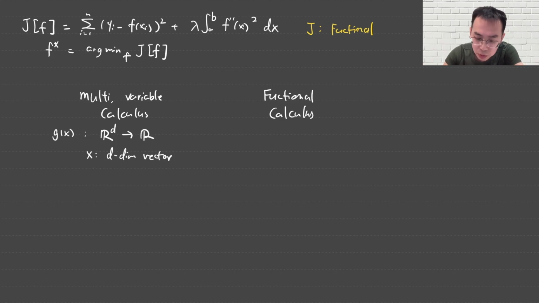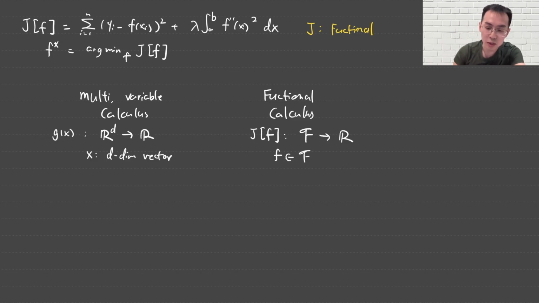In functional calculus, what we like to consider are functionals J of f, where J maps from a function space to a scalar, and the input of the functional, f, is a function that lives in this space. So that is the objective we are dealing with.